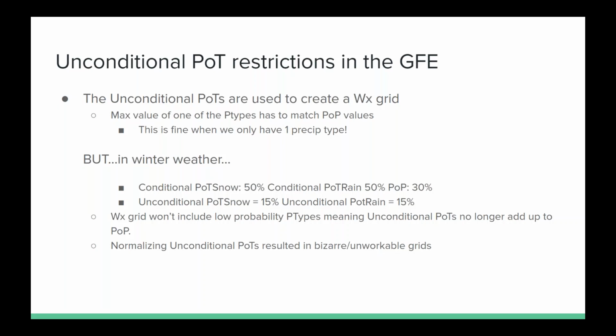So we have to bring the value for the weather grid up, and so one of these has to be one, or if in this case they're both equal, they have to be raised to be the value there for the PoP. One thing that was considered was, hey, let's just normalize these unconditional probabilities, but when doing so, it resulted in some of these bizarre, unworkable grids.